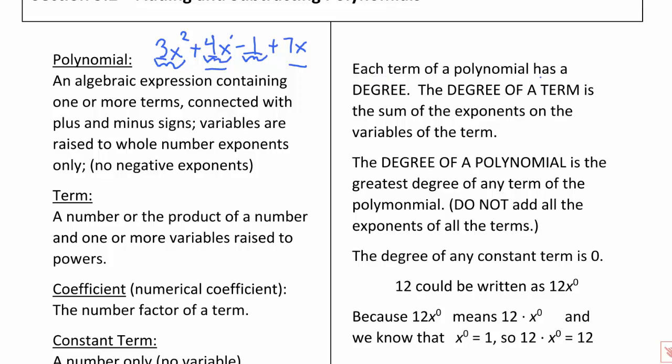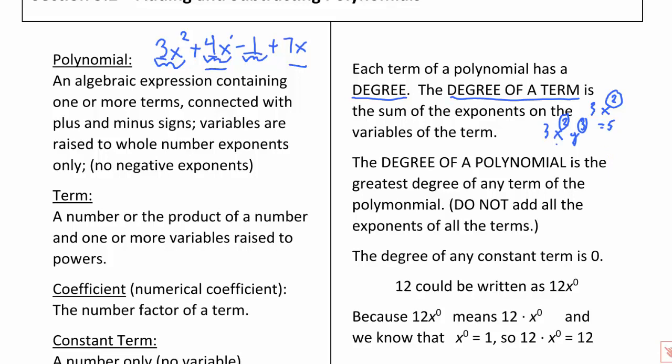Each term of a polynomial has a degree. Now, degree is important here. The degree of a term is the sum of the exponents on the variables of the term. For example, if we have 3x squared, the degree here is 2. But if we have 3x squared y cubed, 2 plus 3 gives me 5.